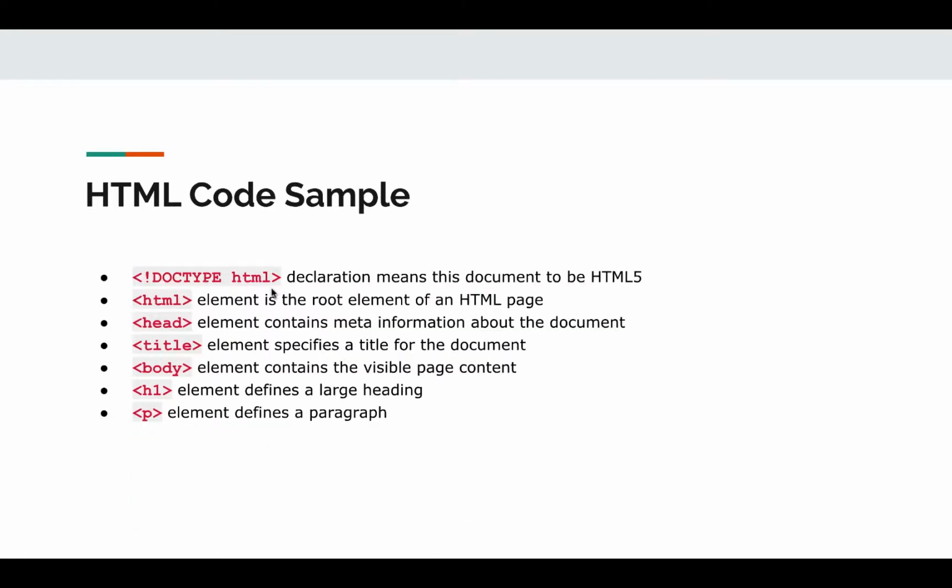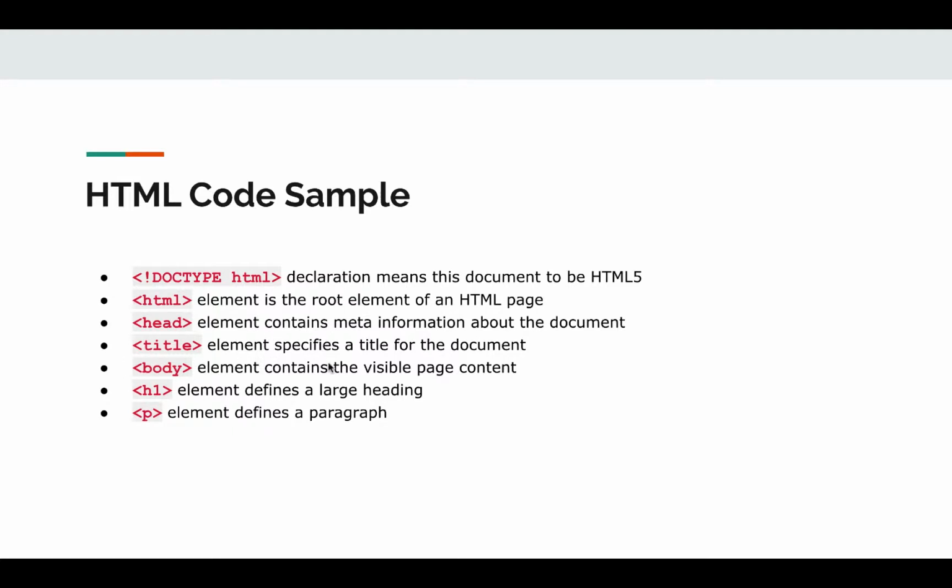Doctype HTML, this is a declaration, meaning this document is to be HTML5. The HTML element is the root element of the HTML page. Whatever the HTML page, its root element will be the HTML. The head element contains the meta information about the document.